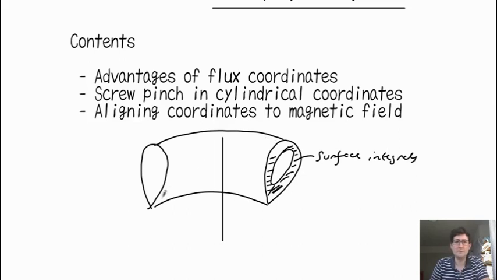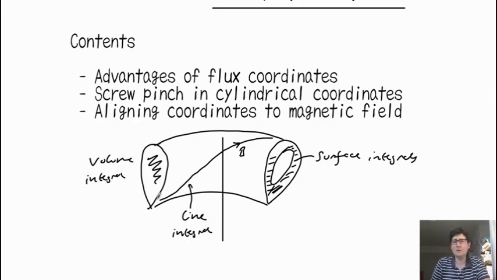For example, you might have line integrals along magnetic fields which have a complicated shape, a kind of twisting curve which lies on this surface. So we might have line integrals and volume integrals, where you want to integrate through the volume. This becomes much easier if the coordinate system is aligned to these surfaces.